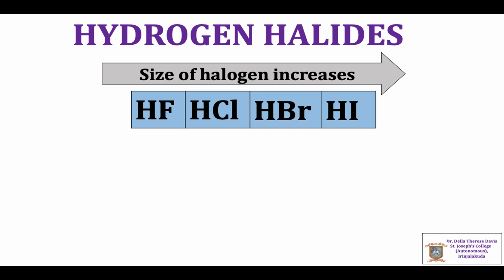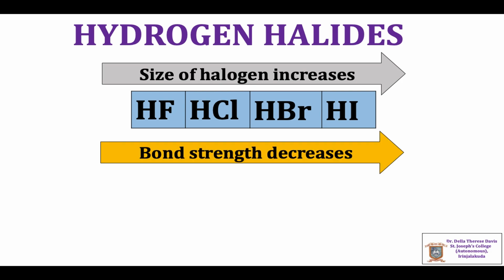When we compare the reducing property, consider that the size of the halogen increases from HF to HI. The strength of the HX bond decreases from HF to HI.